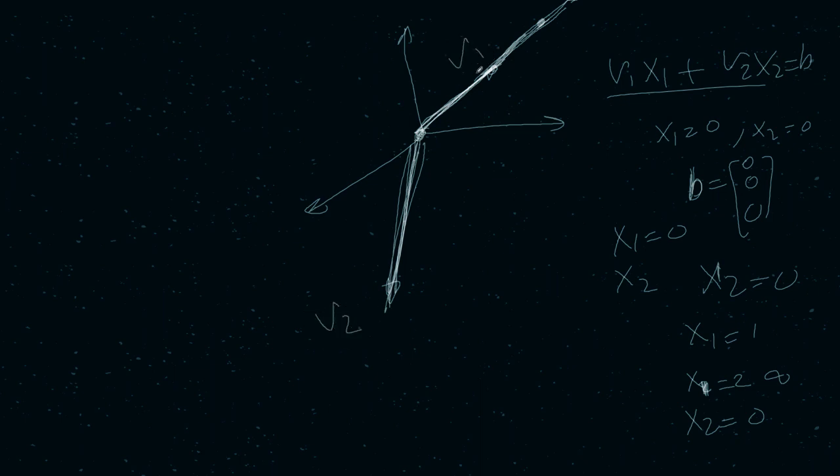This is v1 and this is v2. Now what happens if you put x1 equal to 0.5 and x2 equal to 0.5? We will have a new vector, which is v1 plus v2 divided by 2. So it will be something in between, a line in between as an average of these two vectors.